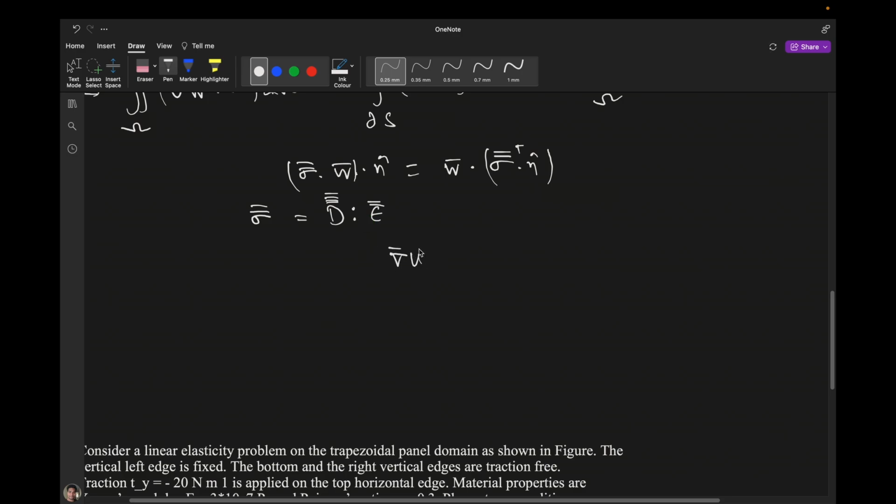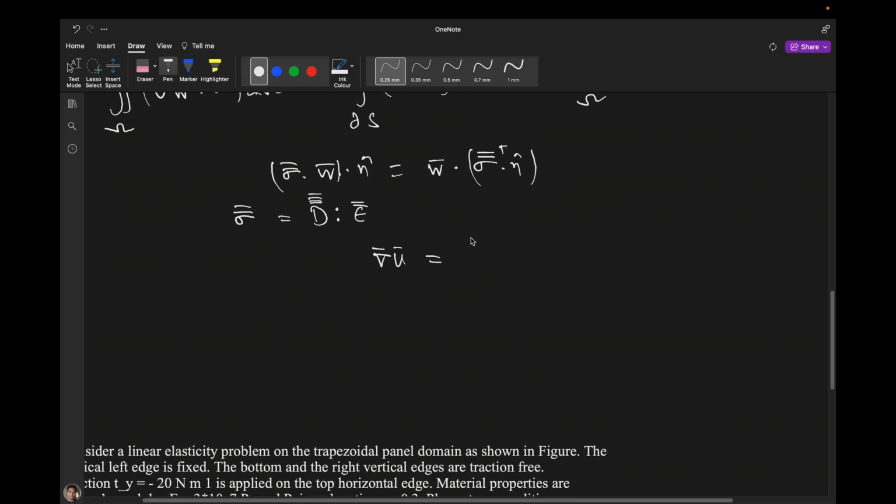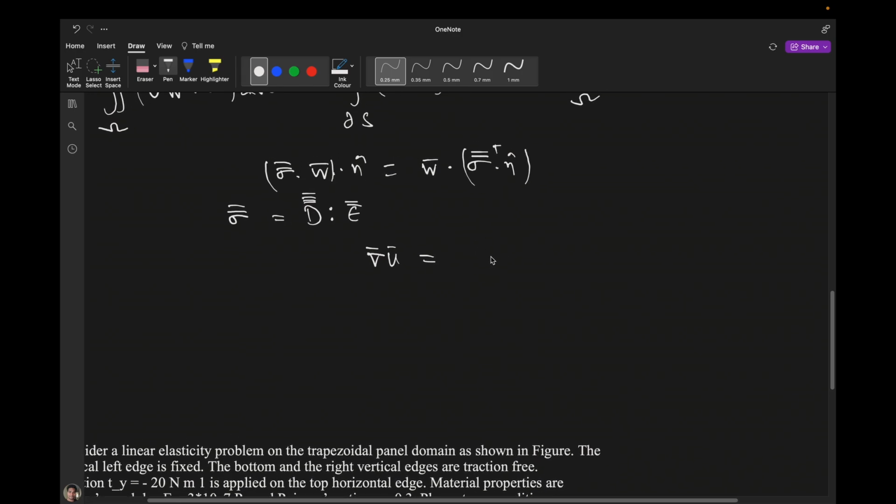The gradient of the u vector, we already know, is a strain tensor plus a rotation tensor.